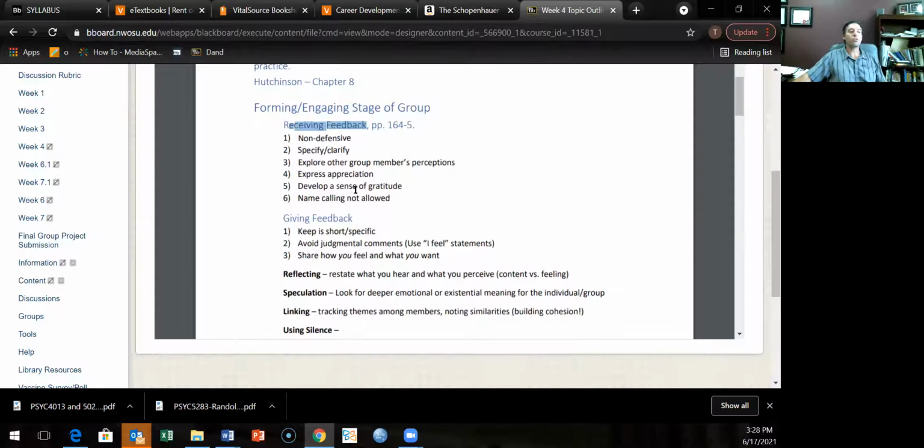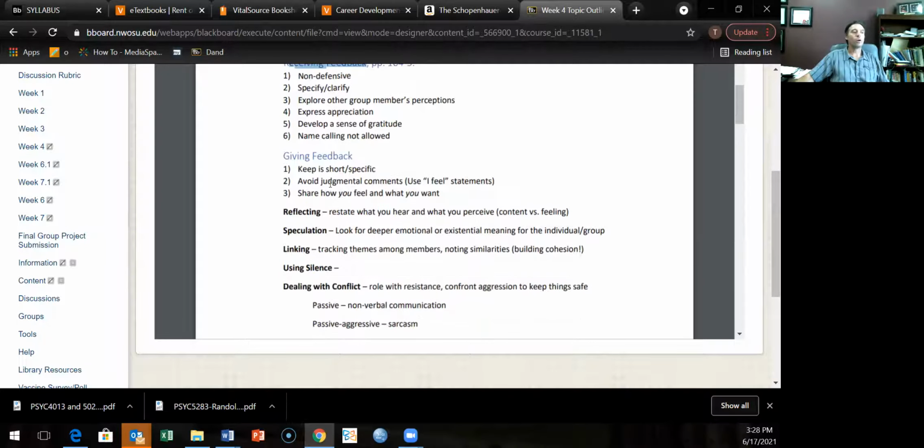You want them to do these things. This isn't just necessarily for you as a student in the class. This is for when you're leading groups, how you want them to perform. That's what Hutchinson is shooting for when talking about receiving feedback and giving feedback. This is outside of that feedback form that you'll get based on your performance.